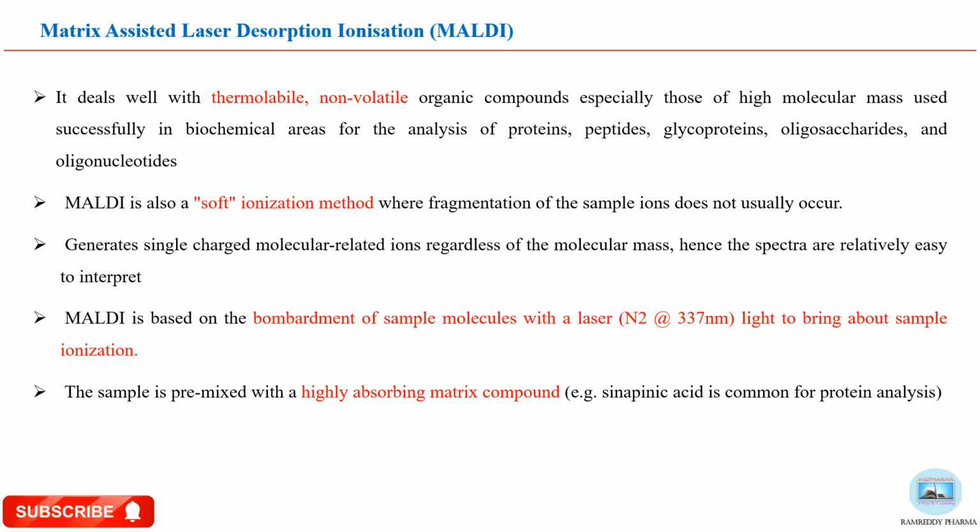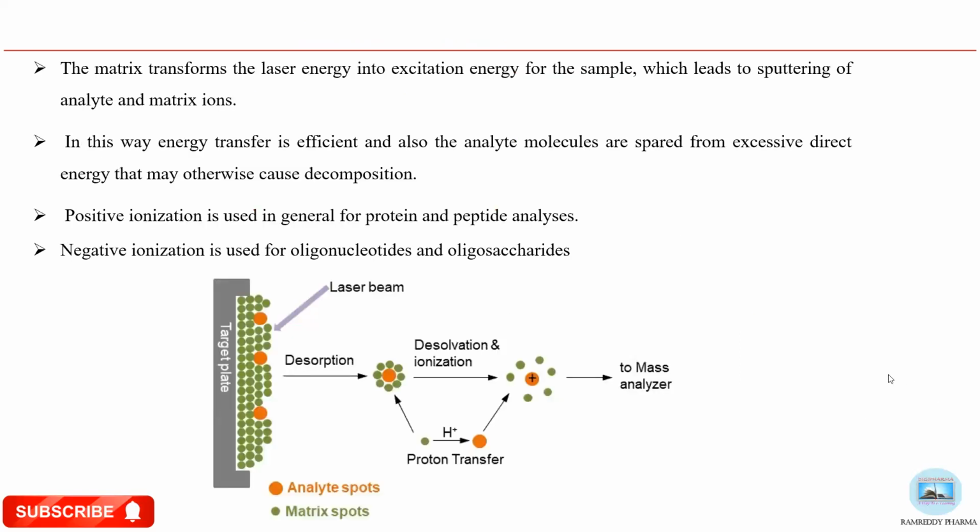The most commonly used matrix is cyanohydroxycinnamic acid, the most commonly used matrix material for common protein analysis. Here, the green color is the matrix material, a polymeric type of material, and we mix our compound with it. The red and yellow color is our analyte molecule.